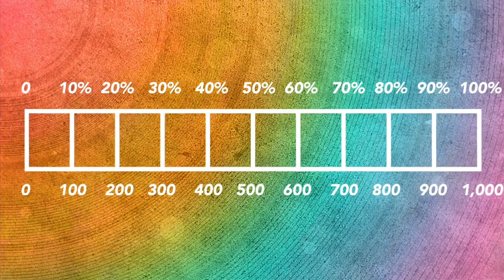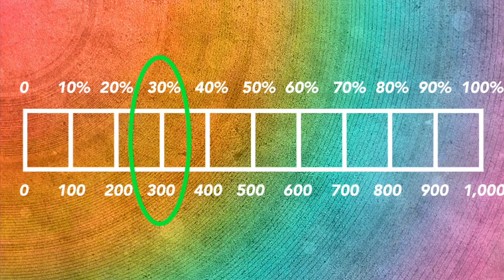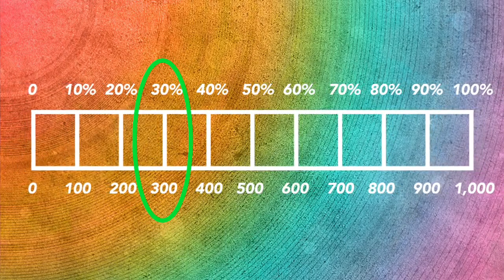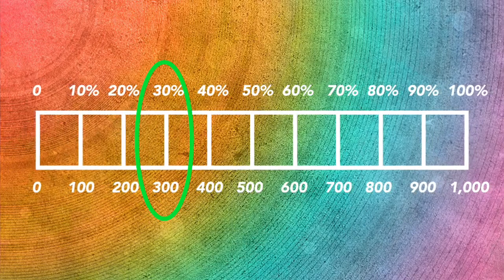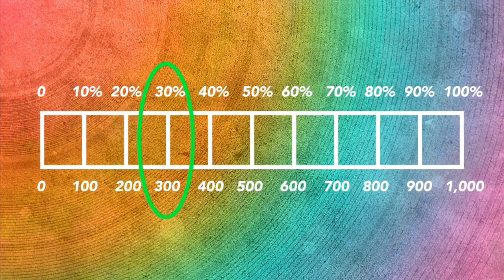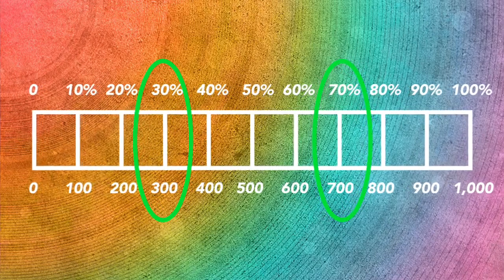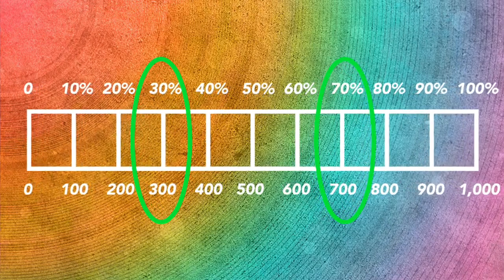So here's 10, 20, 30, all the way to 100%. If we look at the total people unhappy, 300, then we can see that yes, that is equivalent with 30% of the whole.